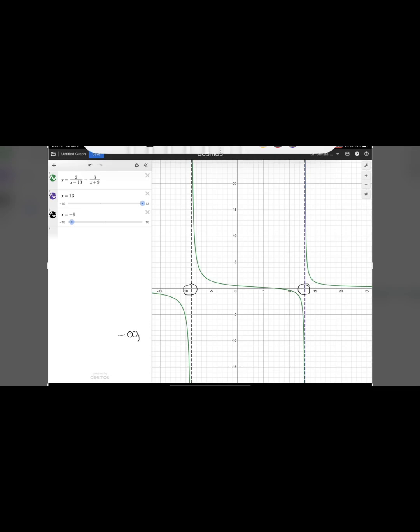So that's where you get your solution: negative infinity to -9, union -9 to 13, and that is a union of 13 to infinity.